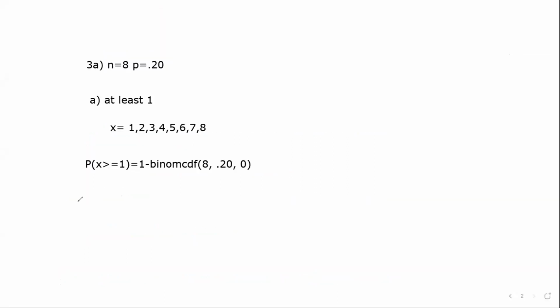So for part B, we have the probability of 2 plus the probability of 3. We want X to equal 2 or 3. One way is to do what we did before, since we're not starting from 0.